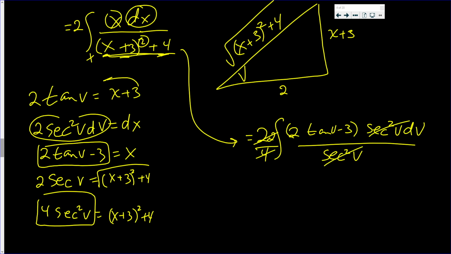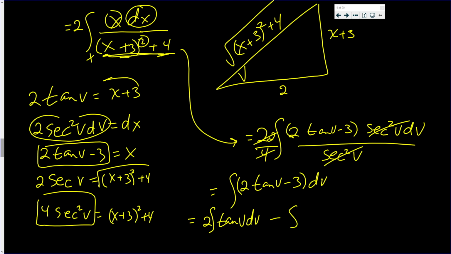Okay. So now, this gives me the integral of 2 tangent v minus 3 dv. And write this as two separate integrals. The integral of 2 tan v dv, pull the 2 in the front, minus the integral of 3 dv, and I pull the integral in front.